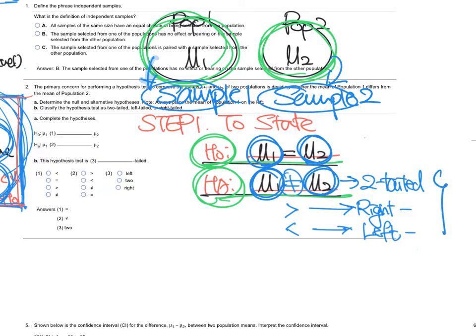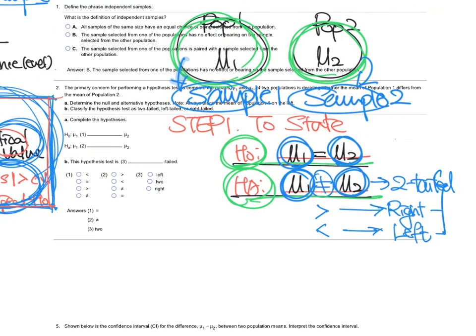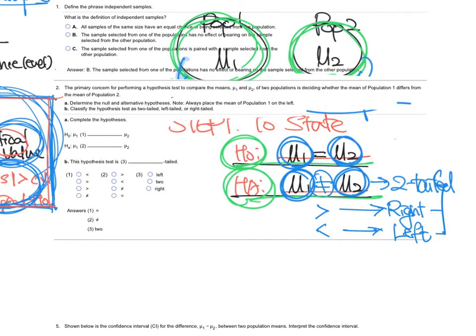But still, we have two-tailed, right-tailed, and left-tailed. So in number 2, just a second, let me erase something. Here we compare the 2 means.